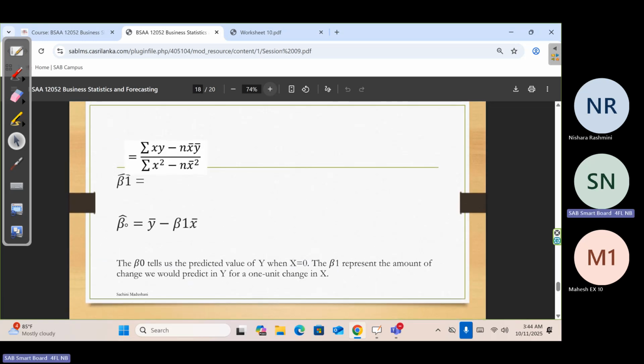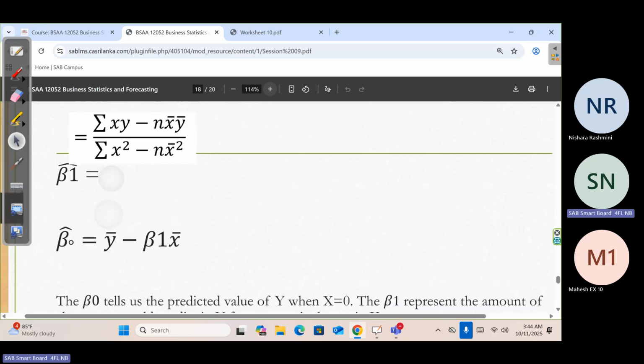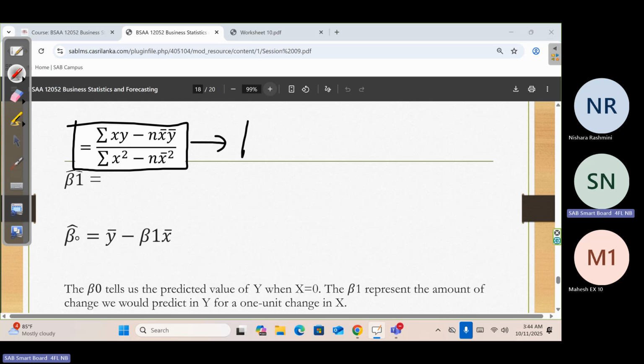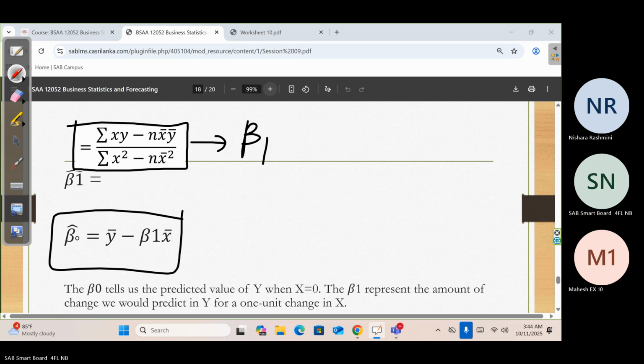Beta 1 is sigma xy minus n x bar y bar divided by sigma x squared minus n x bar squared. This is for beta 1. This is beta naught. I have to note it down. How we find the beta naught and the beta 1.